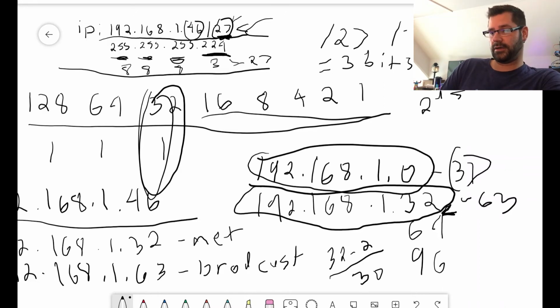Say these were /30s, like point-to-point links, and the address was 192.168.1.203. We would know that the increment would be 4 with a /30.